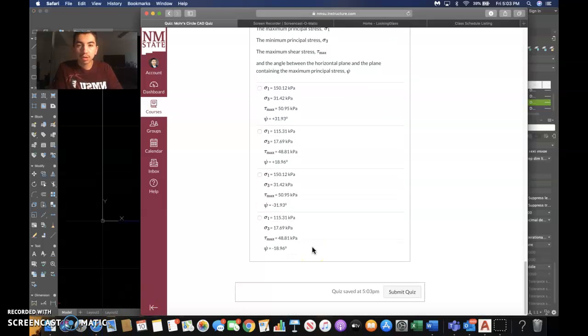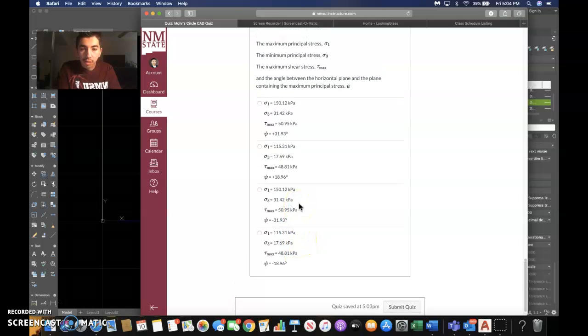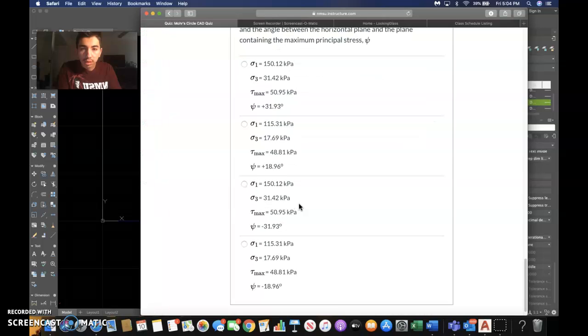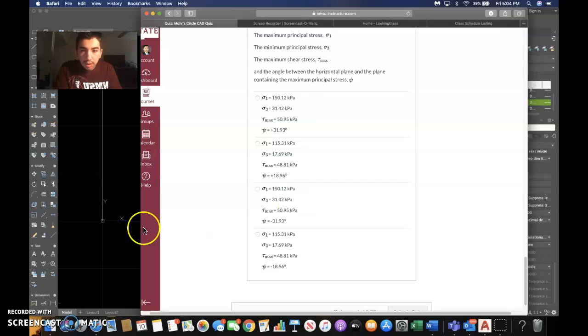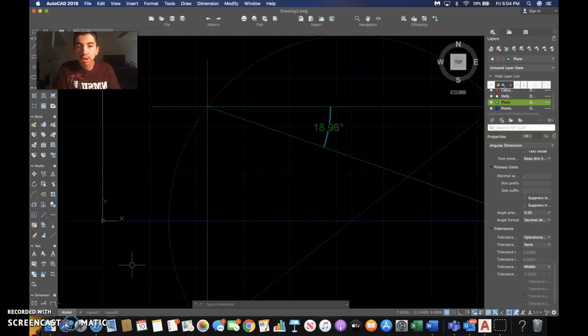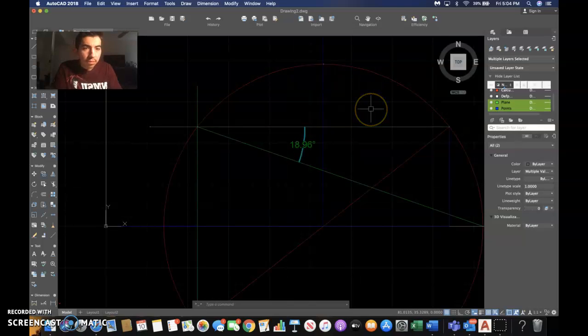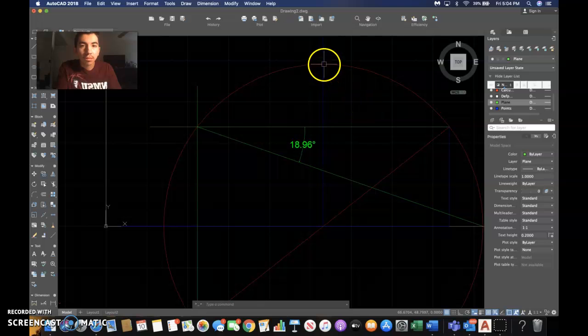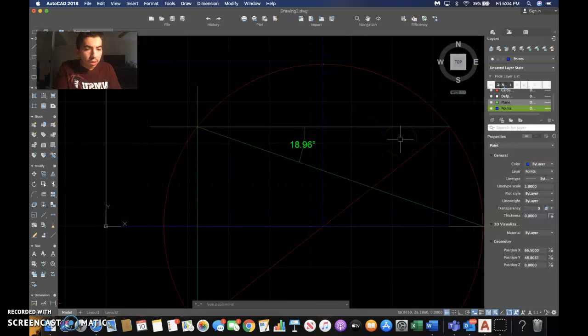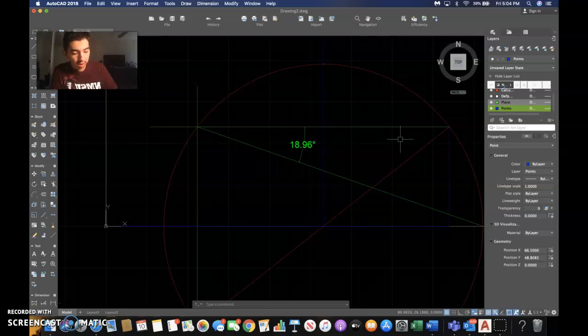So now I'm going to go and pick the best answer that I think. So I have the sigma 1 is 115.31, the sigma 3 is 17.69, the maximum shear, let me double check the maximum shear. Oh, and the y, okay, so I got that wrong first.